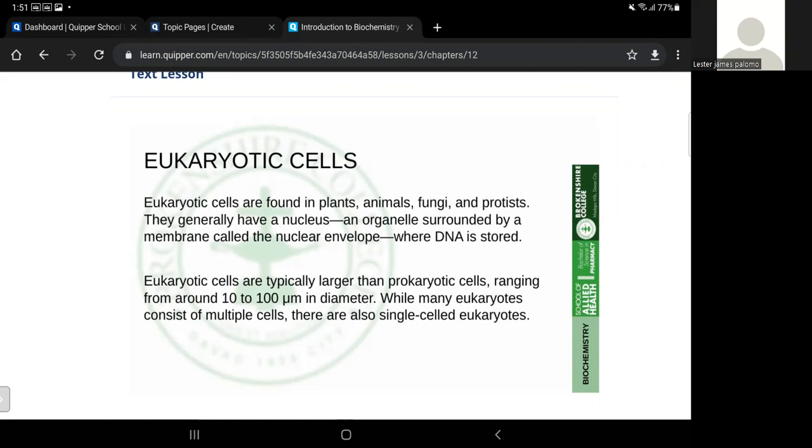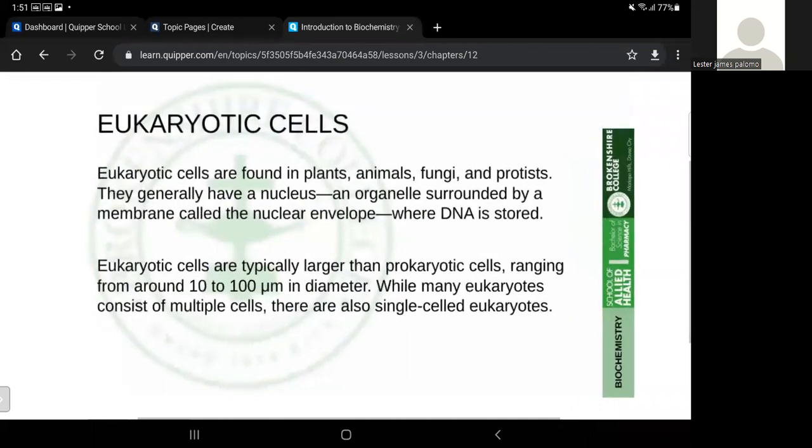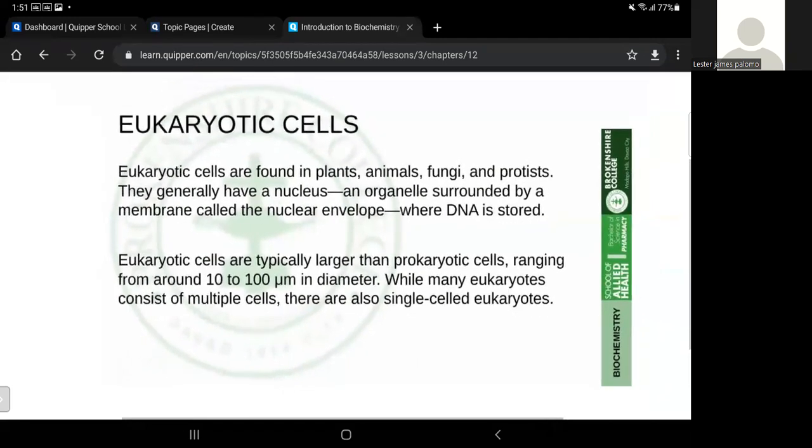Eukaryotic cells are typically larger than prokaryotic cells, ranging from around 10 to 100 micrometers in diameter. While many eukaryotes consist of multiple cells, there are also single-celled eukaryotes. Okay, so that is your eukaryotic cell.